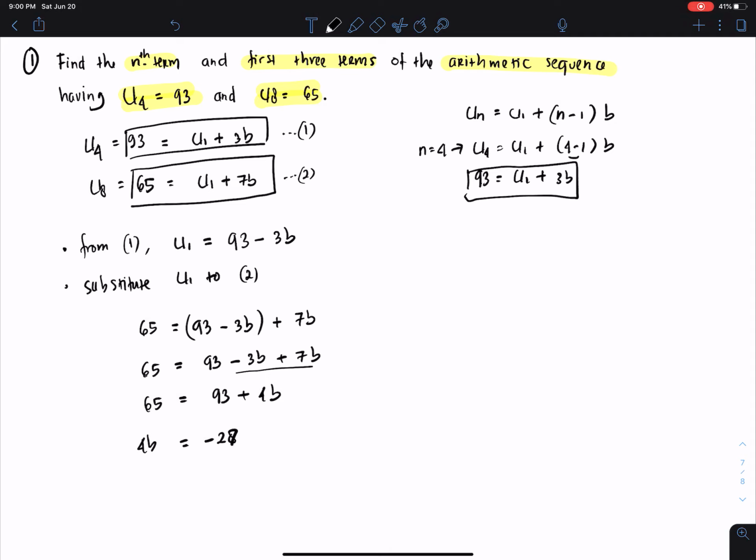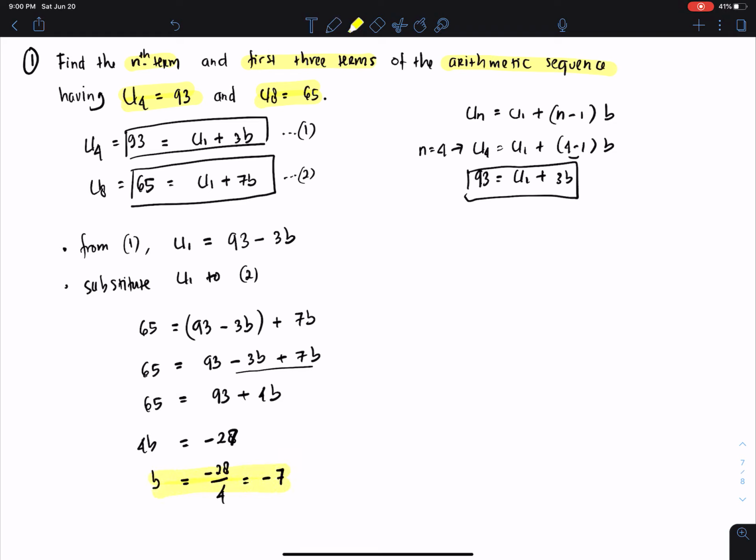I hope you can figure this one out. And here b is equal to minus 28 over 4, so we get minus 7. Alright, so we already have b, minus 7.